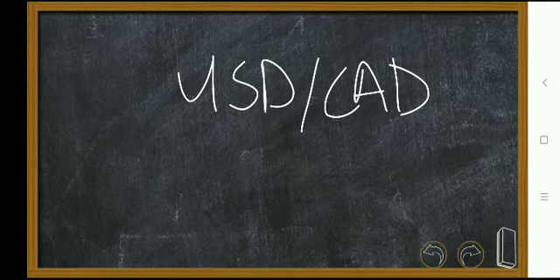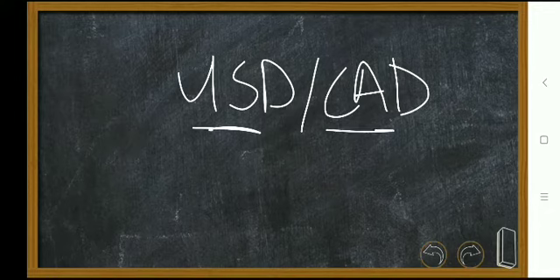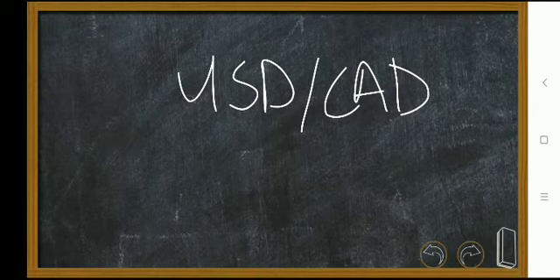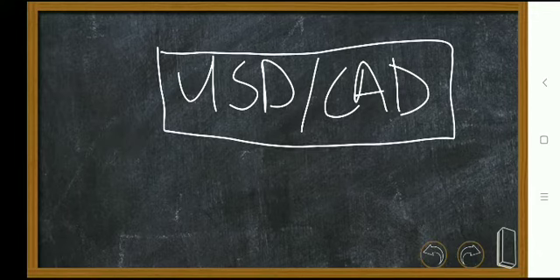When a quote is strong, we sell the pair. But when a base is strong, we buy the pair. Let me show you now. We have USD CAD, USD and CAD. So when USD was strong in the last scenario, we sold Euro USD. But in this scenario, if USD is strong, we are going to buy USD CAD. We are going to buy the entire pair.